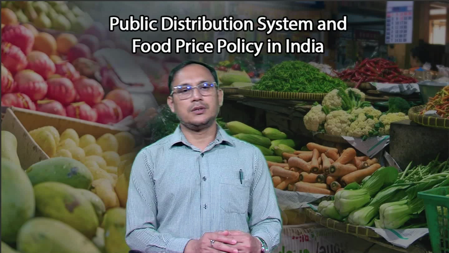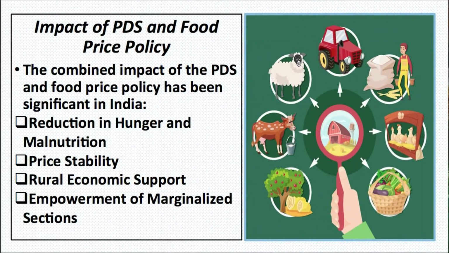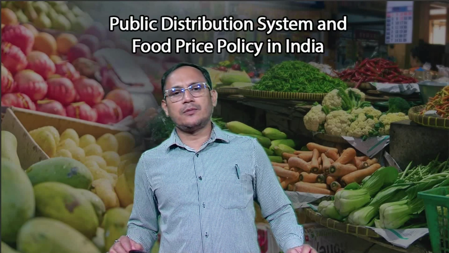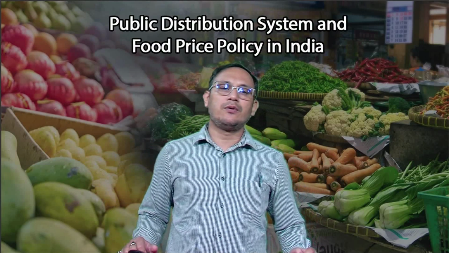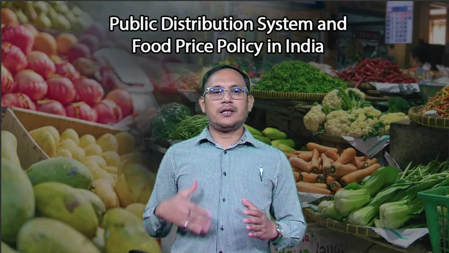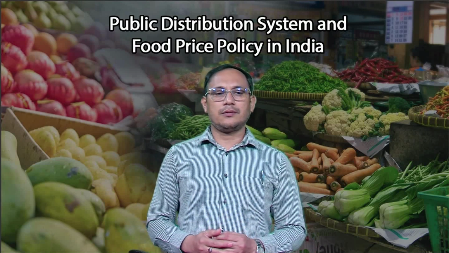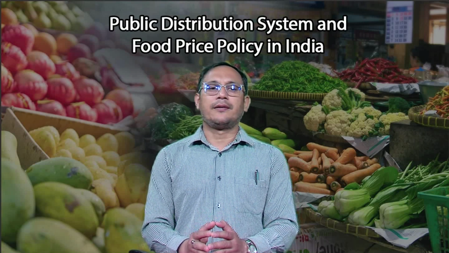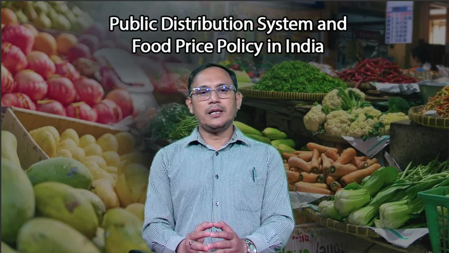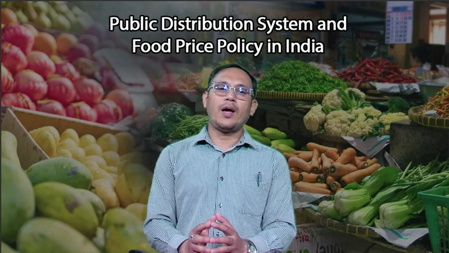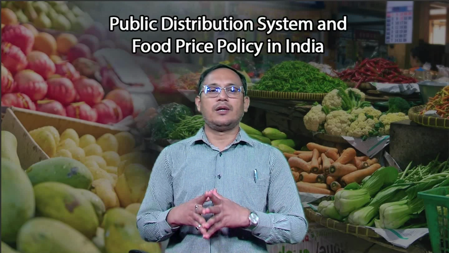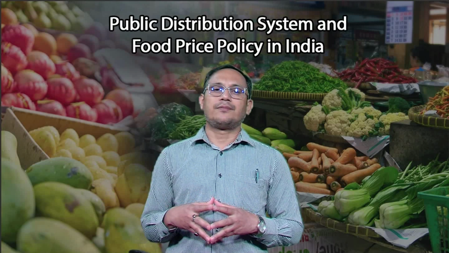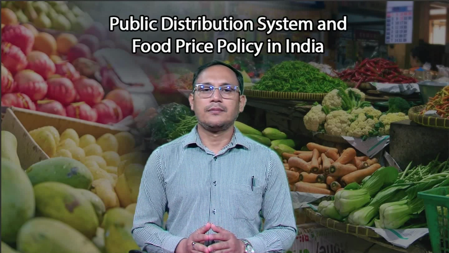Now, rural economic support is another important impact of food price policy in India. If you see the objectives of the Planning Commission, and even the objectives of Niti Aayog, there is an emphasis on the part of the government to reduce the rural and urban divide. But still, people in India who live in rural areas suffer from different kinds of lack of accessibility.